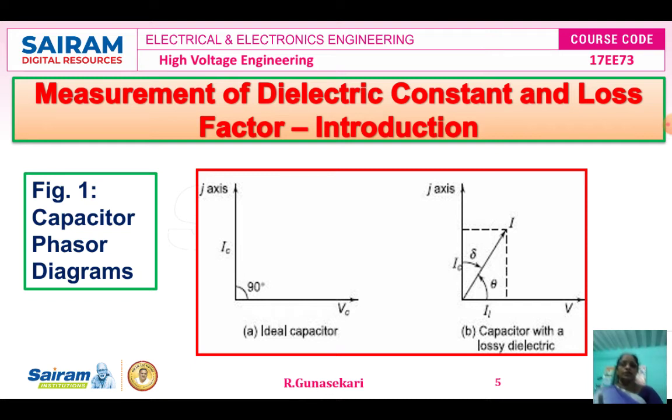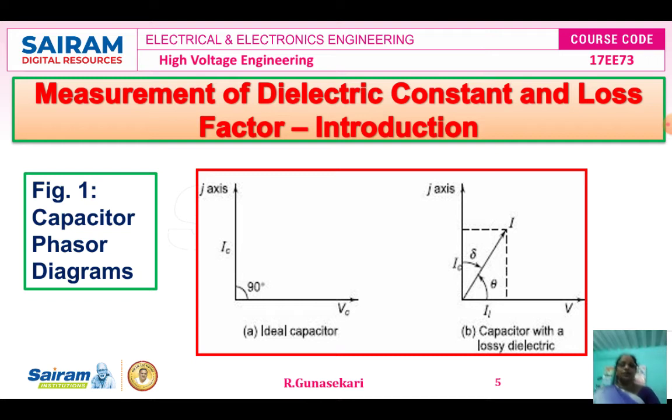Then phasor diagram B, the capacitor with a lossy dielectric. Here also IC leads the voltage V by an angle of 90 degrees, but the total current I leads the voltage V by an angle theta. The loss component of current IL is in phase with the voltage.